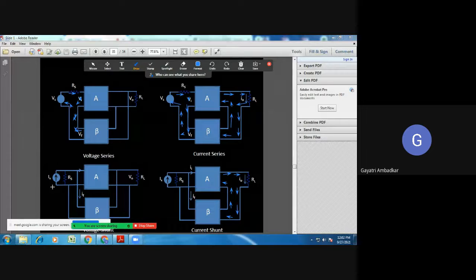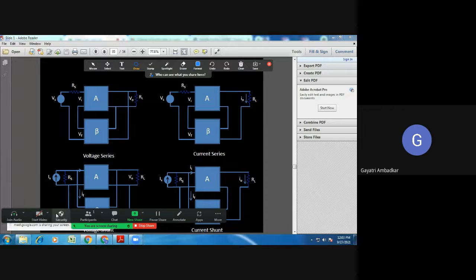And when it's current mixing, you have to mix two currents. So in this case, you have to connect the output part of the beta network in shunt with the current source. This is the current source and this is the feedback network. You have connected both in parallel. So this is how you have to make the connection.